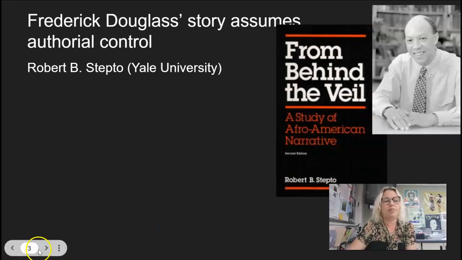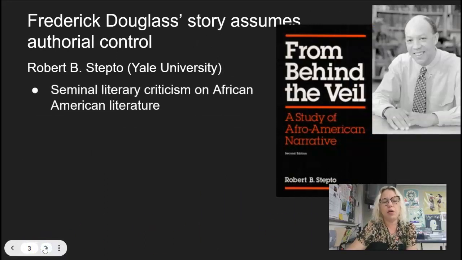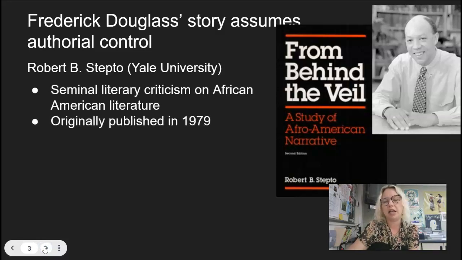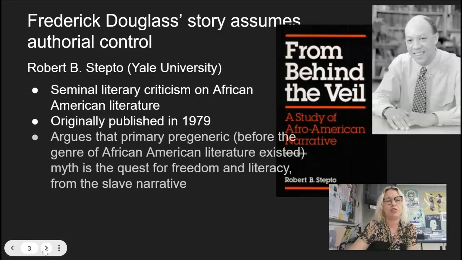First of all, this is an important work. It was published originally in 1979 and looks at how the narrative of Frederick Douglass is different than other slave narratives and how it sets precedents for all literature that follows, especially African-American literature.